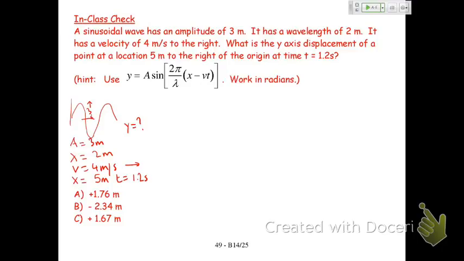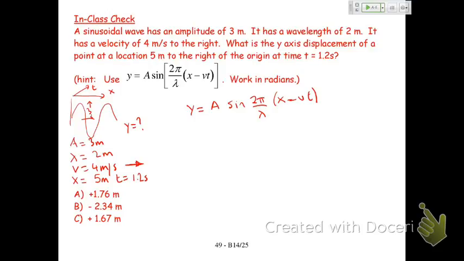So I start off somewhere in time and x, and I'm trying to find out what this value is. I use a hint here; frankly, on the test you won't have a hint. It'll be sine of 2 pi over lambda, x minus vt. And I can leave it as minus vt because it is moving to the right.